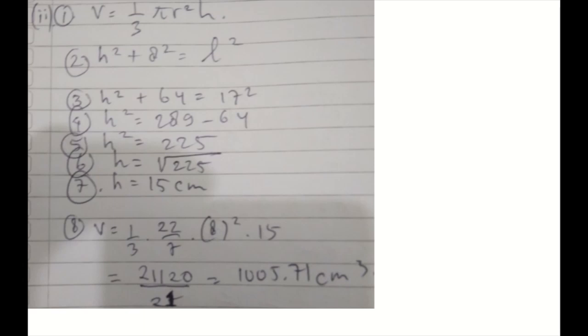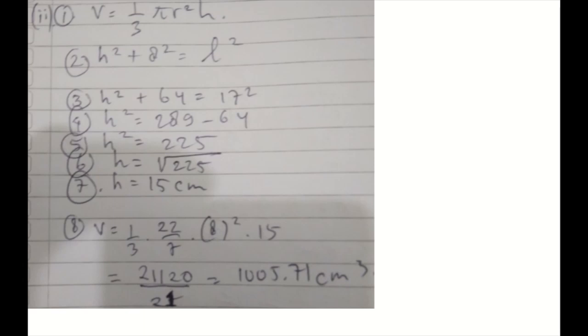Then we use all the information given for the volume, which is equal to a third times pi r squared h. So we've got a third times 22/7 times x squared times 15. Now remember 15. Some of my students forgot to calculate the height.